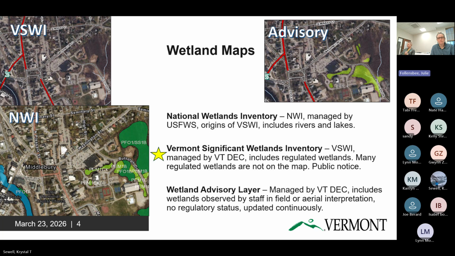If you take a look at the images on the slide, they are all of the same location in Middlebury, showing how wetlands do or do not show up on different mapping layers. The current VSWI does not have any Class 2 wetland polygons. The mapping completed to NWI protocol as part of this update is proposed to be added to the VSWI and the advisory layer.